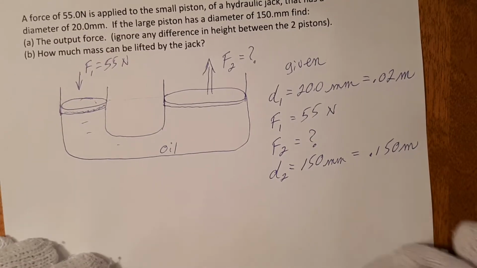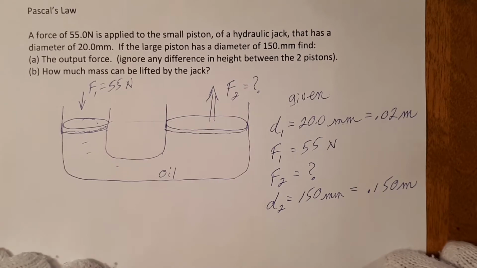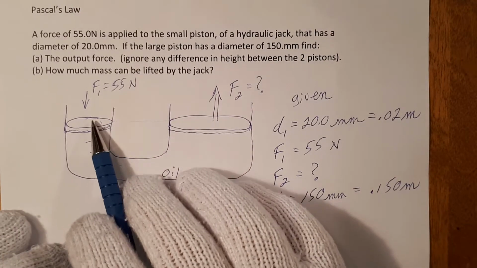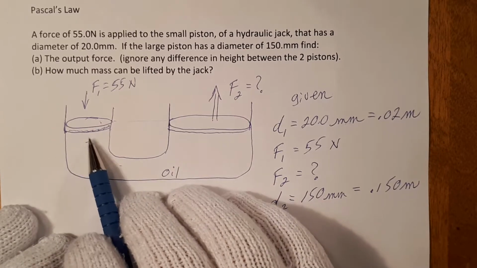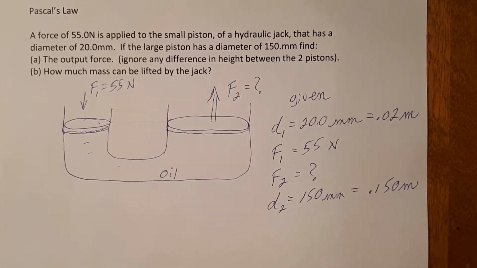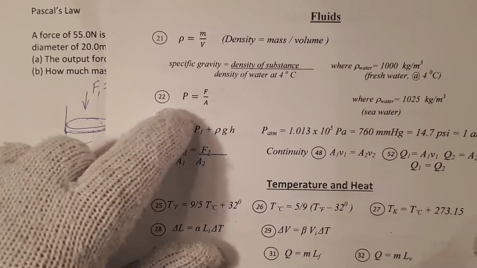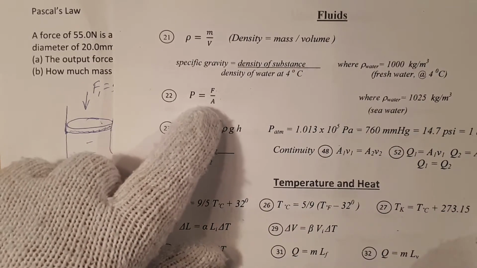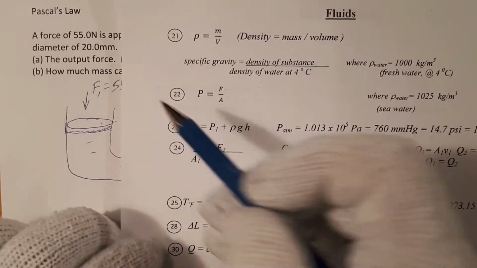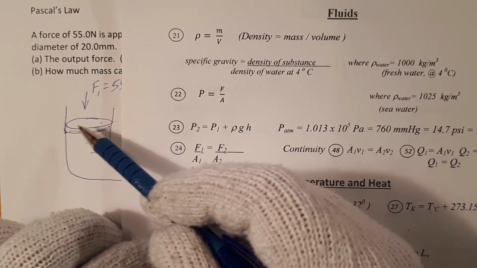Now let's have a look at Pascal's law itself. If I were to apply a force here over this area, a pressure is going to be developed here in the fluid. Let's have a look at our equations. Pressure in a fluid is equal to the force applied divided by the cross-sectional area. We have a force. This is the area.